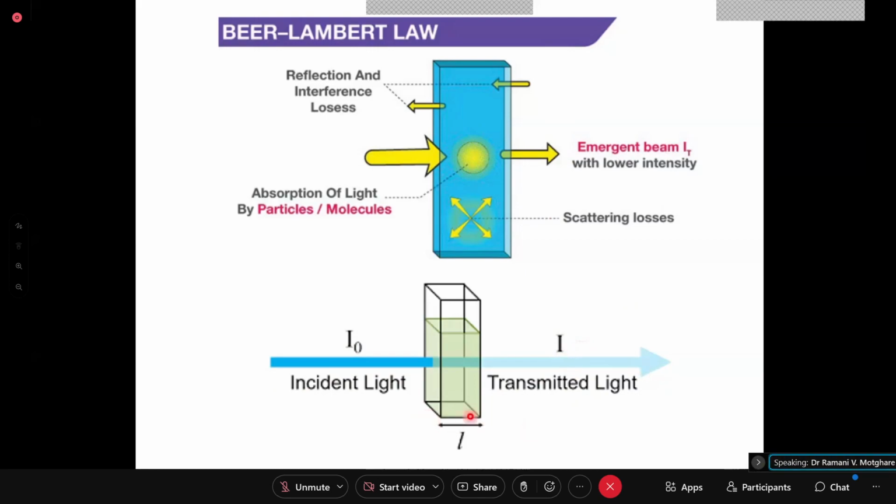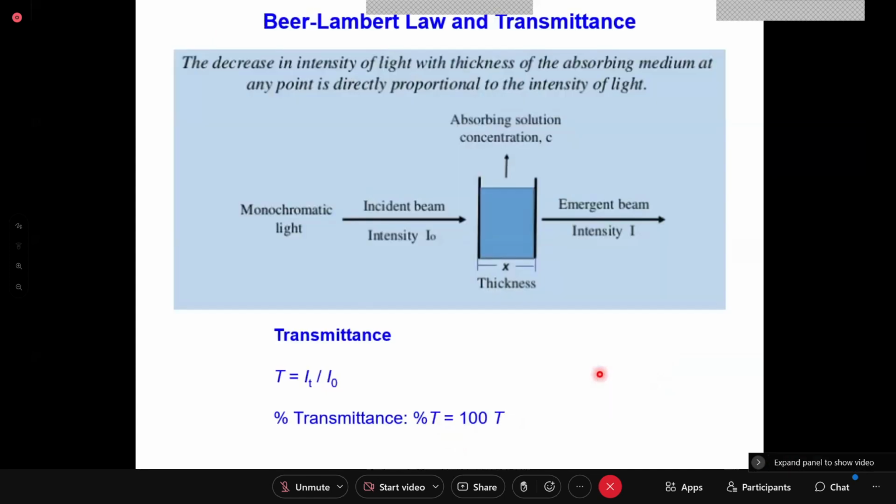This is the path length. The path length is the cuvette which holds the sample, 1 centimeter, path length L. At each layer absorption goes on, and the transmitted light has lesser intensity.